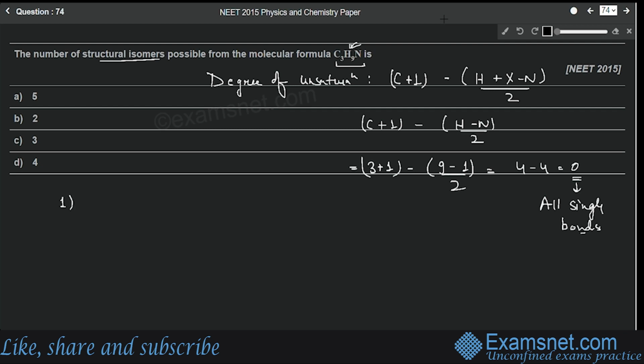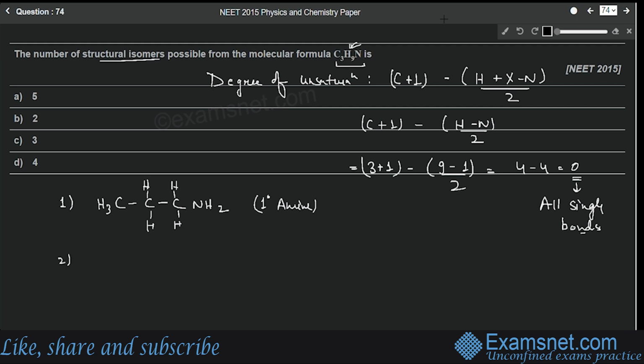The first structural isomer can be 3 carbons in a straight chain: CH3, CH2, CH2, and then NH2. As we can see, this is a primary amine. This is one of the structural isomers.